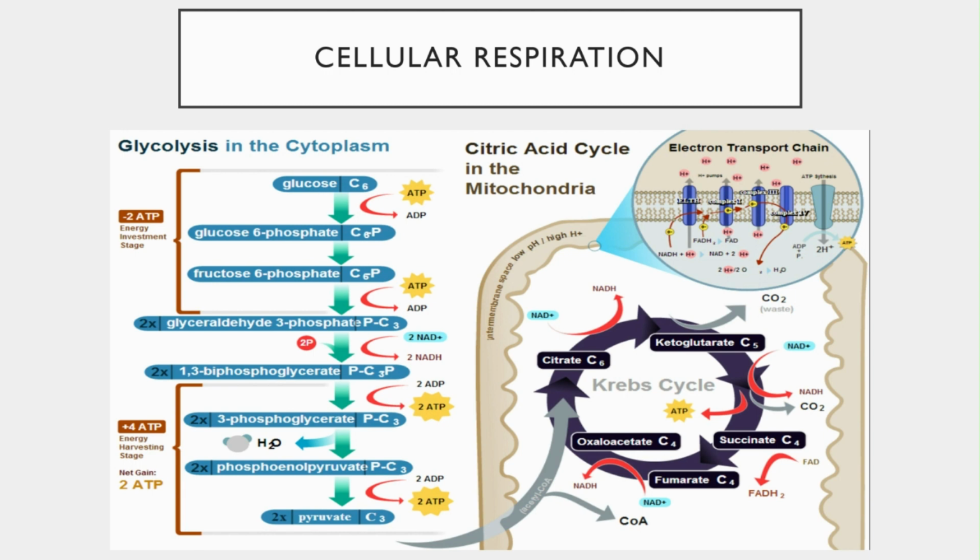The Krebs cycle then metabolizes acetyl-CoA through a series of steps to harvest more electrons, generating NADH and FADH2. Finally, these electron carriers make their way to the inner membrane of the mitochondria to synthesize ATP in the electron transport chain.